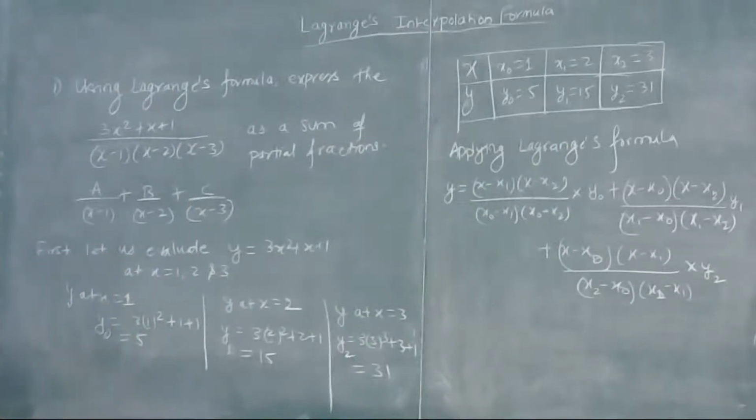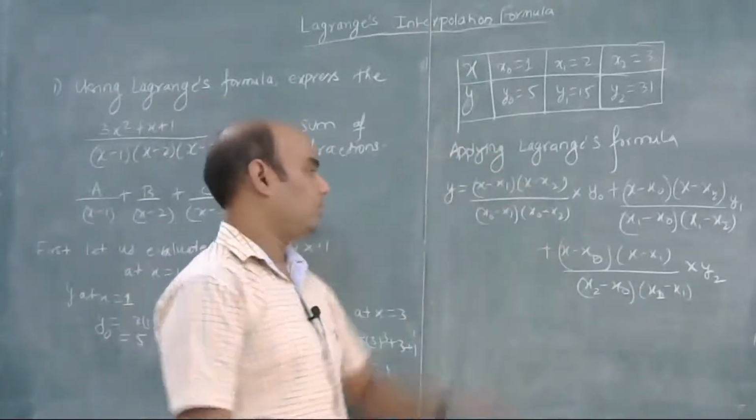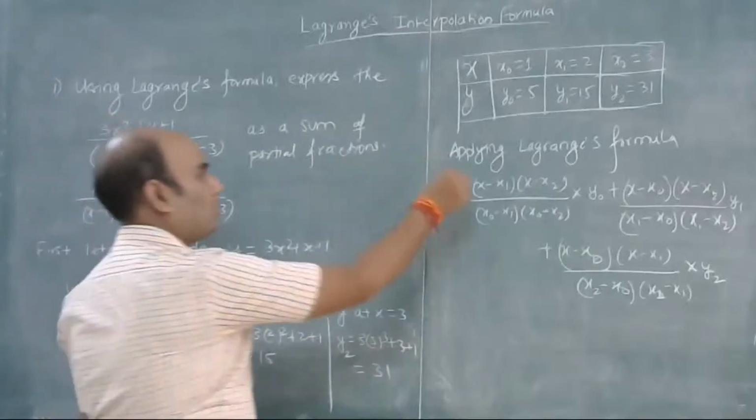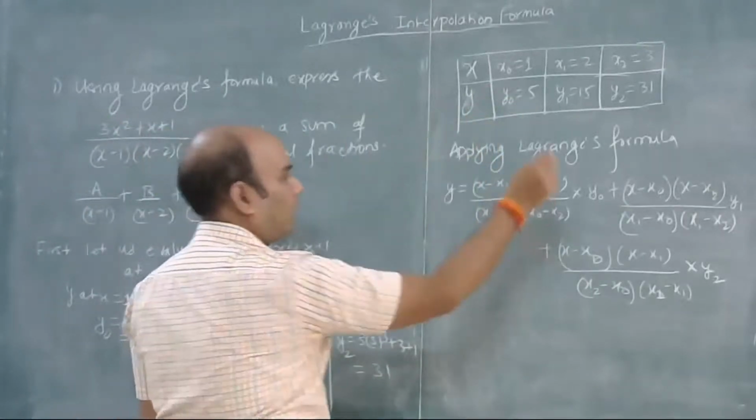Okay, so only 3 variables are there, so this will reduce to this. Substitute the values of x0, x1, x2 and y0, y1 and y2.